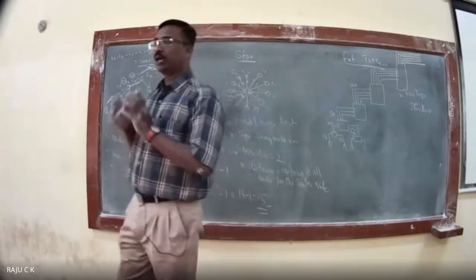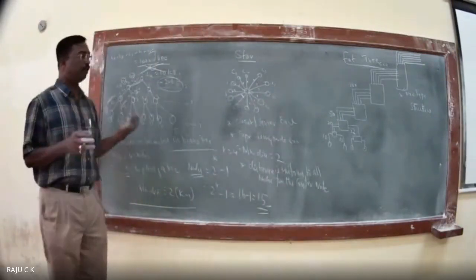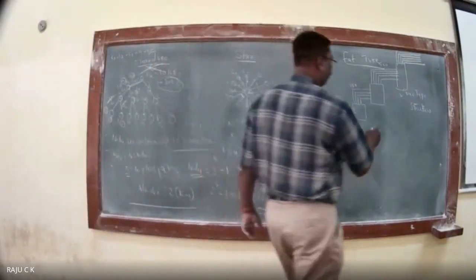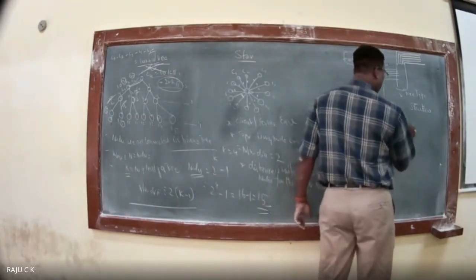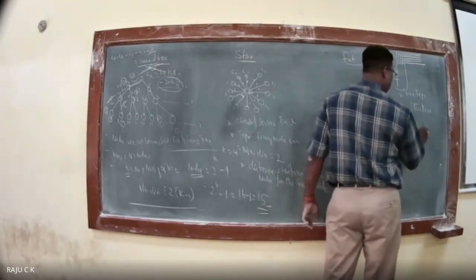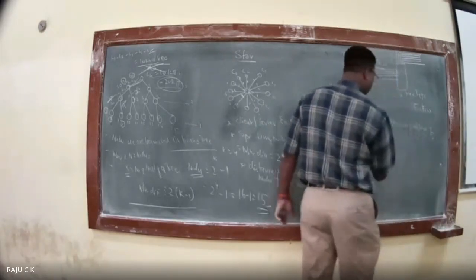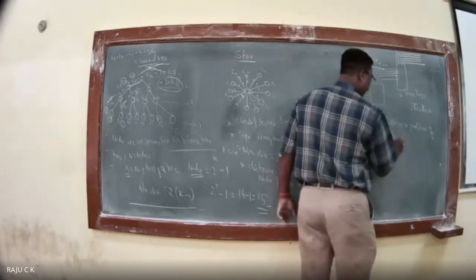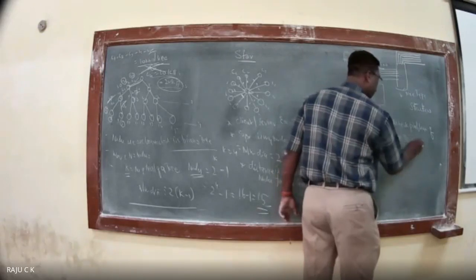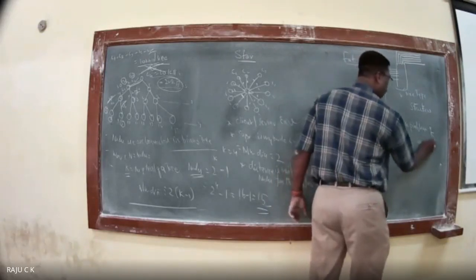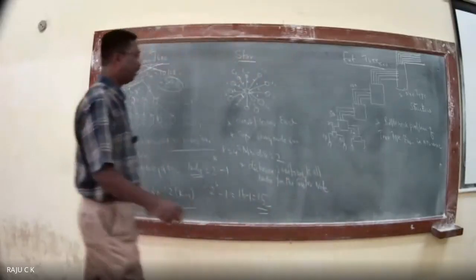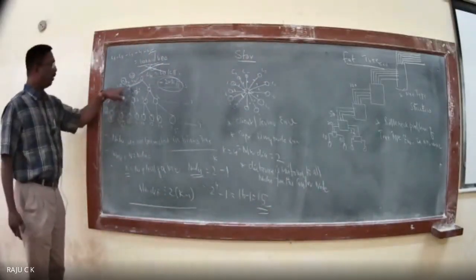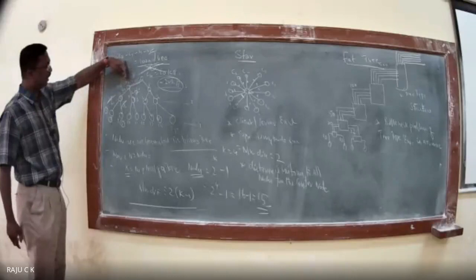So your objective is now: what is the bottleneck problem existing in tree type structure? The bottleneck problem of the tree type environment is overcome. That means, this is my bottleneck problem: 20 is there, but I am giving only 10.